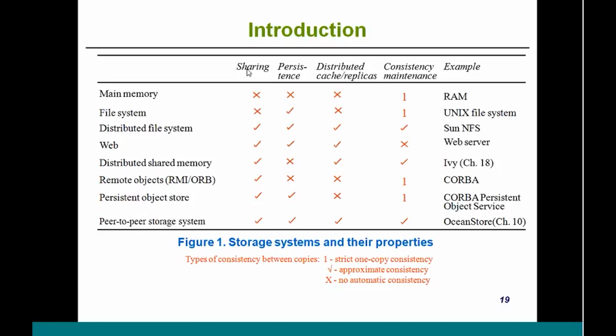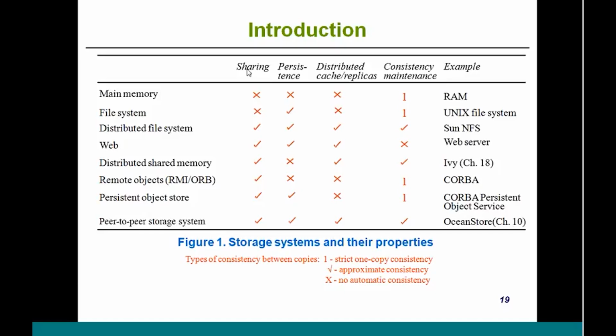So let's look at and compare the various storage systems. Main memory, if you think of main memory as a storage, has very strict one copy consistency, but other than that it doesn't have sharing, it doesn't have persistence, it doesn't have distributed cache or replicas.